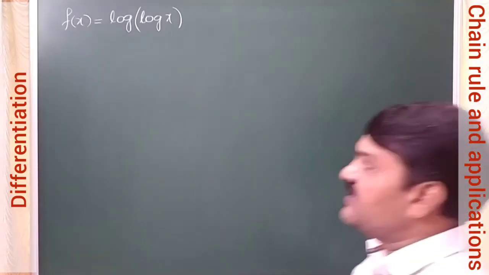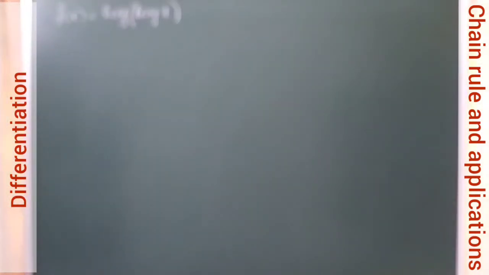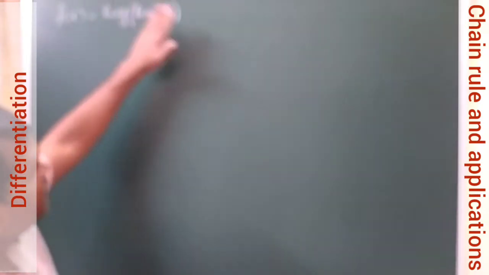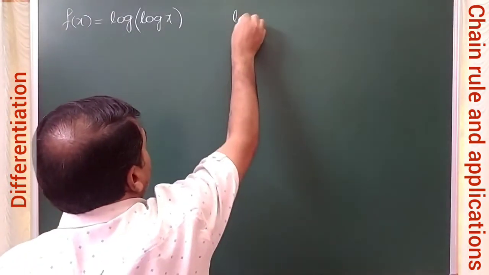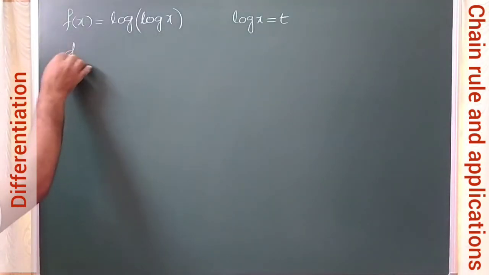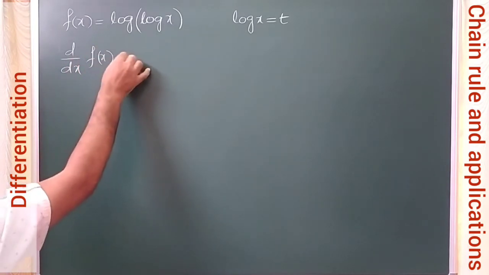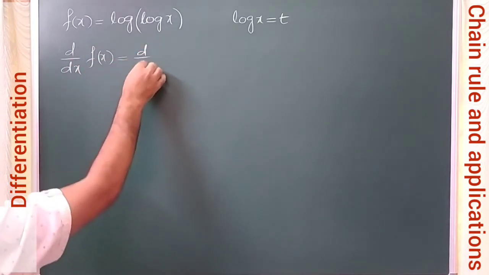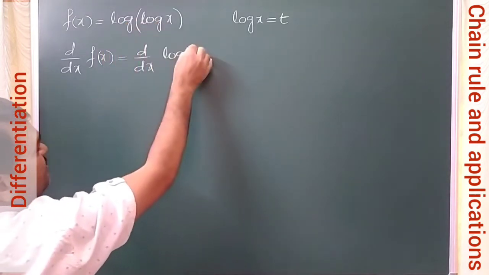Now let us take a function f of x is equal to log of log x. Log of log x is a function of a function only, no? So directly you cannot differentiate. Therefore, take log x as t. d by dx of f of x is required for us, so d by dx of log x means t.